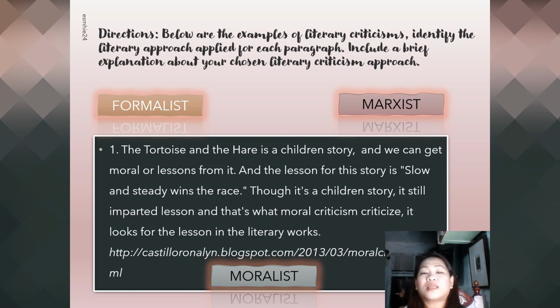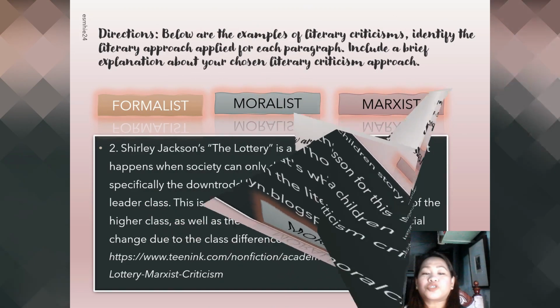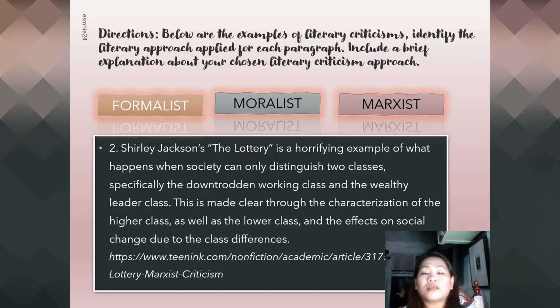So the next one is the story The Lottery. I believe that you are familiar with this one because this is part of your lesson during your grade 9.